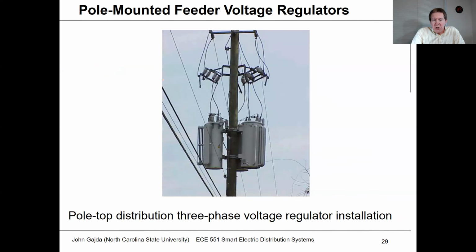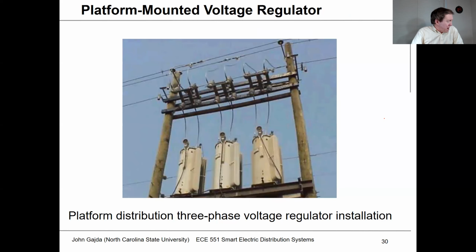And then you can also build a three-phase unit out of individual single-phase devices. You'll see this sometimes mounted up on poles. You can't see the third device, but they're mounted up around the pole like this, where you have the phase A, B, and C. You can also see this mounted on platforms a lot of times.